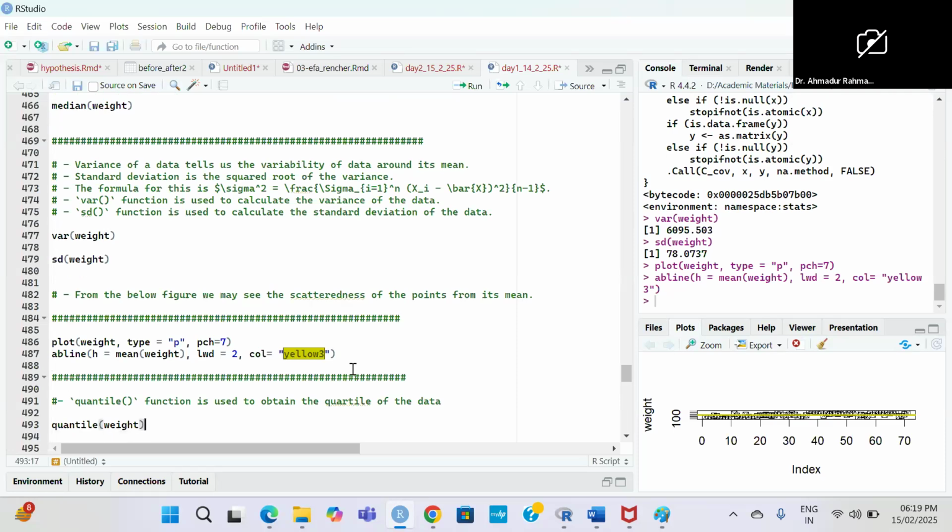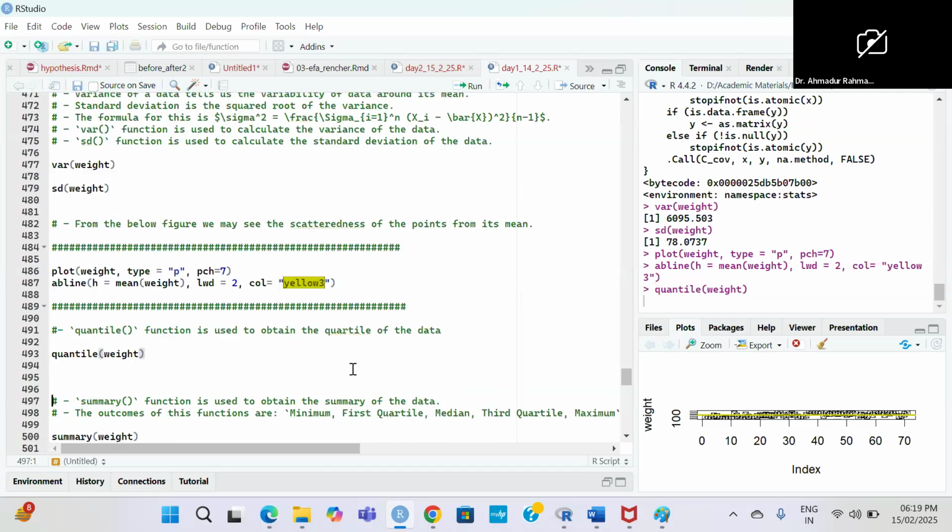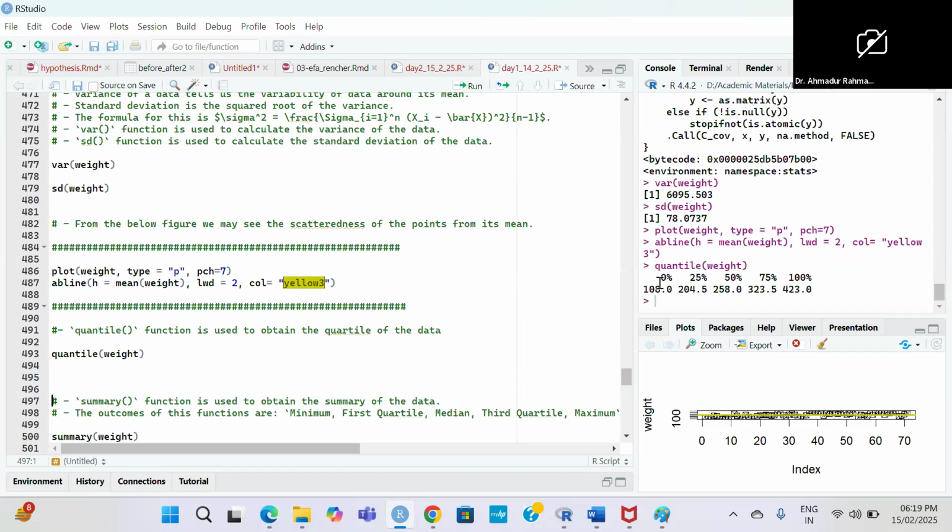Now we will see quantiles. Quantiles give us the first quantile or first quartile. First quartile means 25% of data is below this and 75% of data is above this. So this gives us four things.